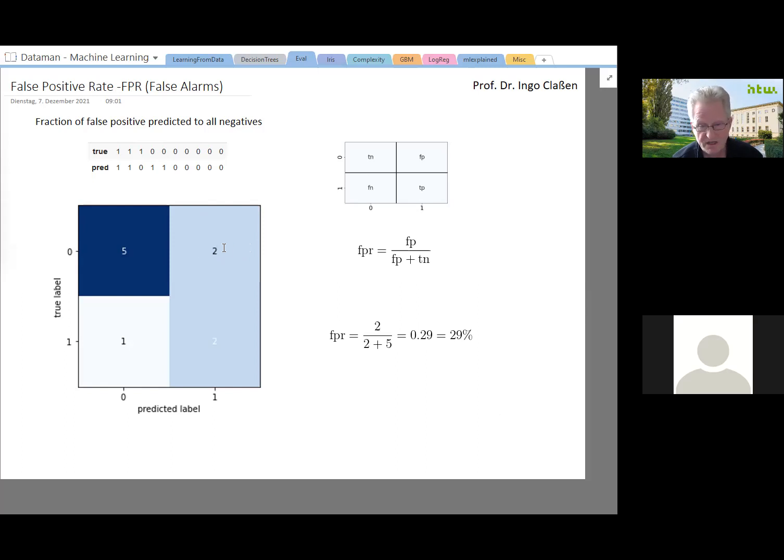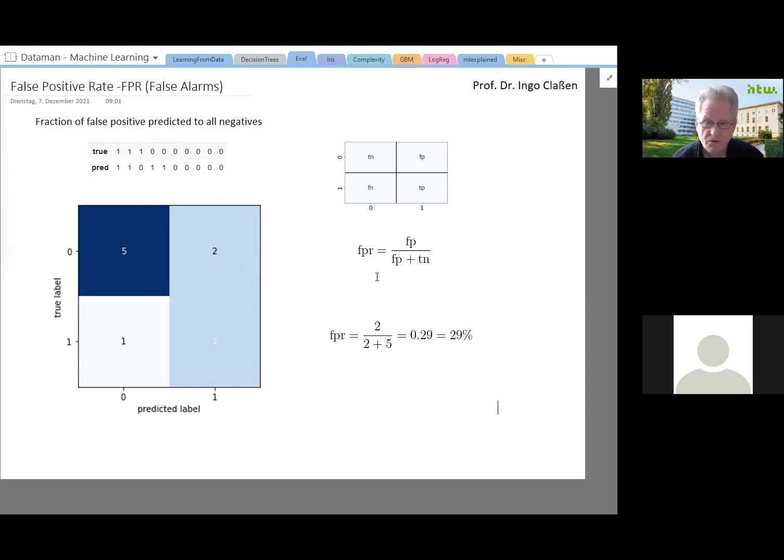These are the false alarms, and these are all the negatives. If we take the fraction of the false alarms with respect to all negatives, we get our false positive rate, or alarm rate, or however we would like to call it. In this case, 2 of 7 have been falsely declared as being positive. So we have a false alarm rate here of 29%.